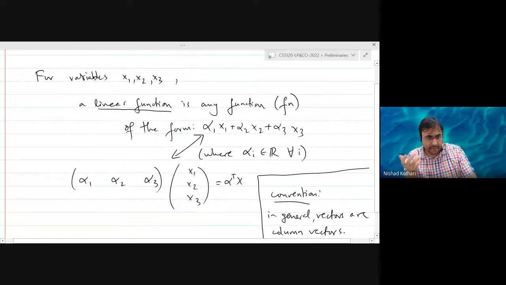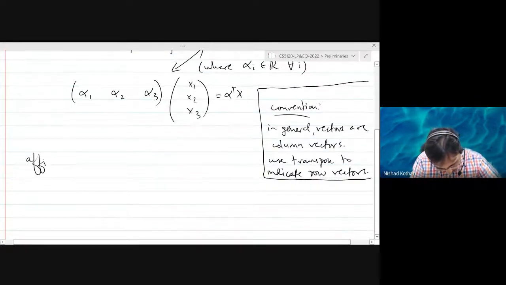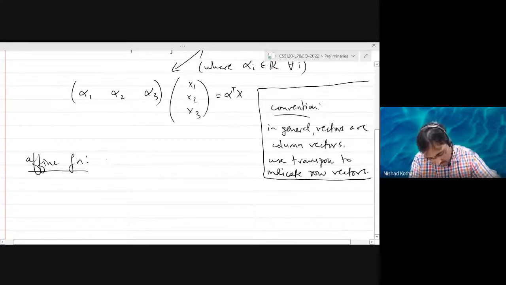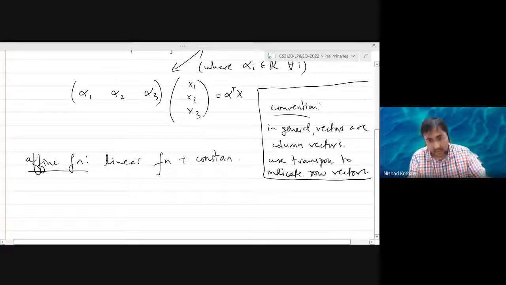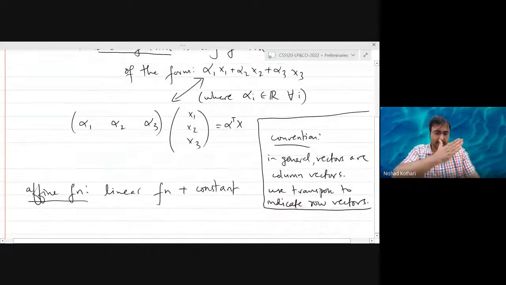All right, and I would also like to define what is an affine function. An affine function is simply a linear function plus a constant. So it's basically a translation of a linear function by a certain constant.